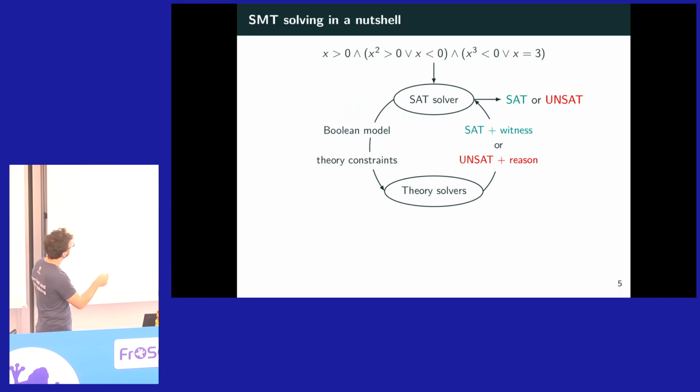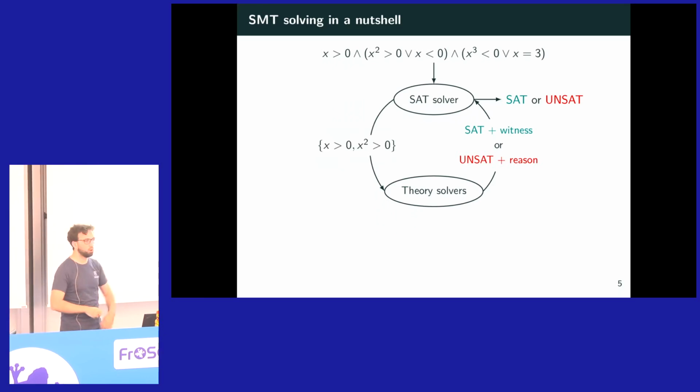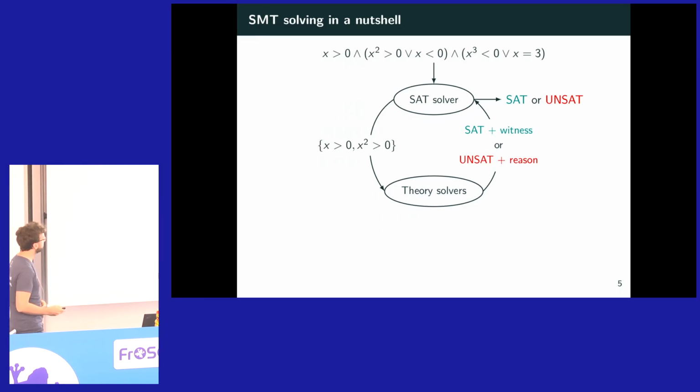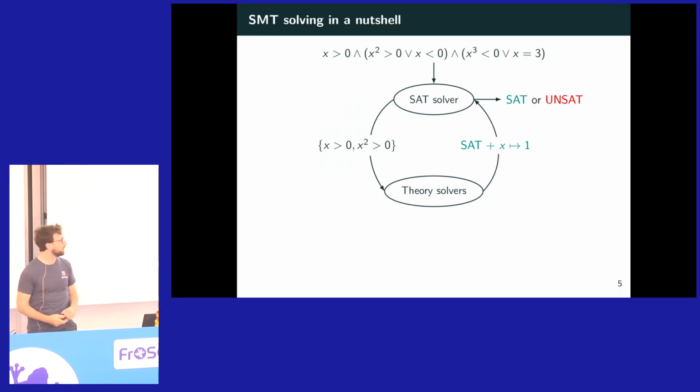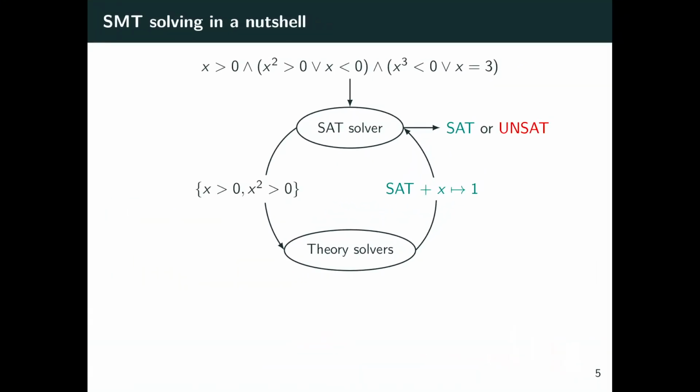And then x cubed smaller than 0 or x equal to 3. And then your SAT solver would come around and say, oh, let's assume these two are true. That's a good start to making the formula true. And then the theory solver would say, great, that works. That's what we call SAT. And it also tells us, oh, and by the way, x assigned to 1, that works.